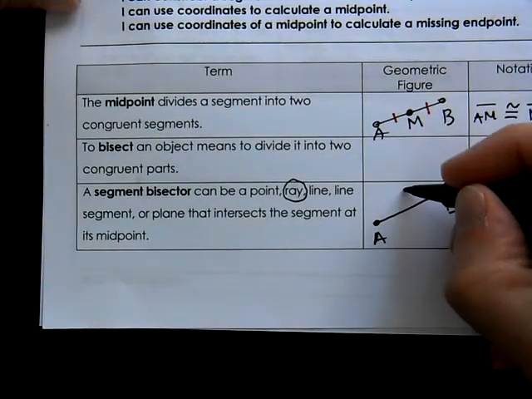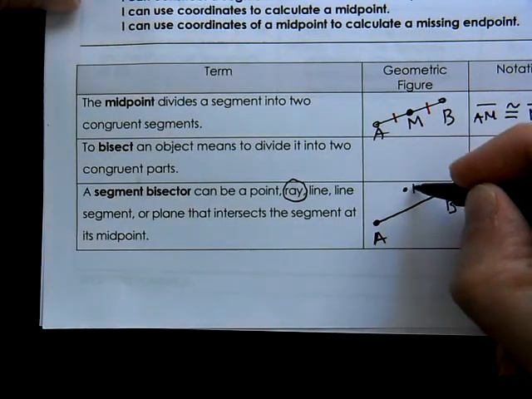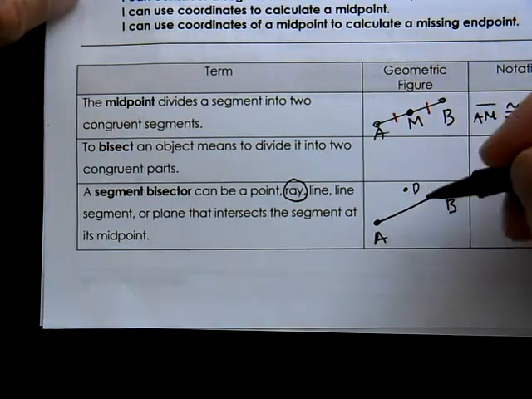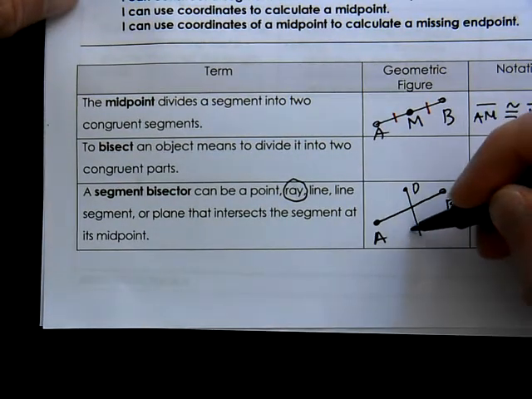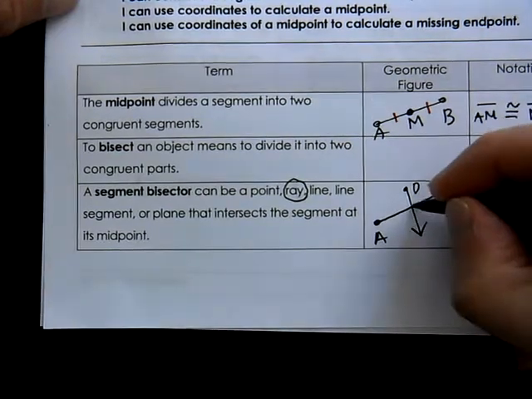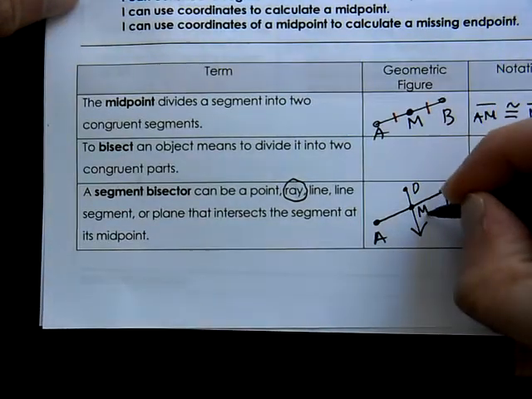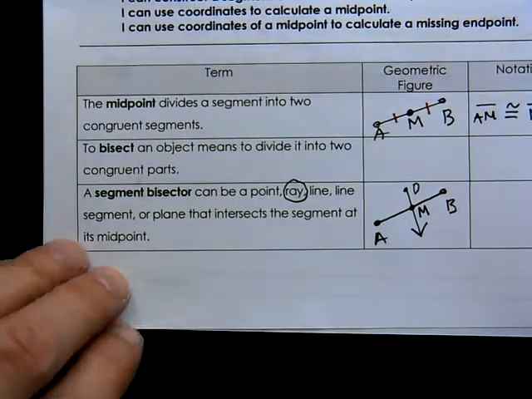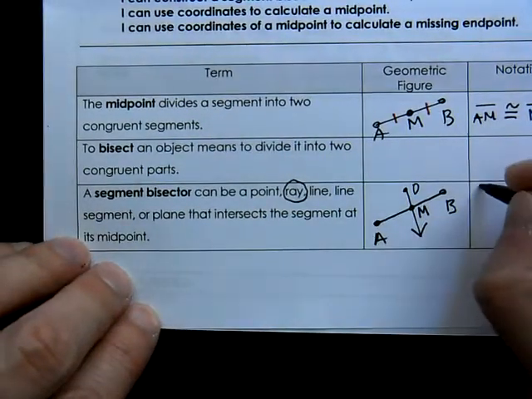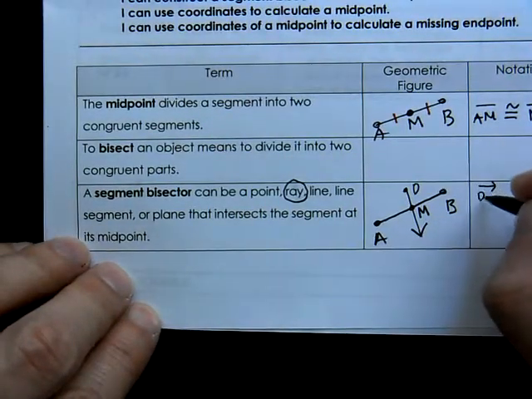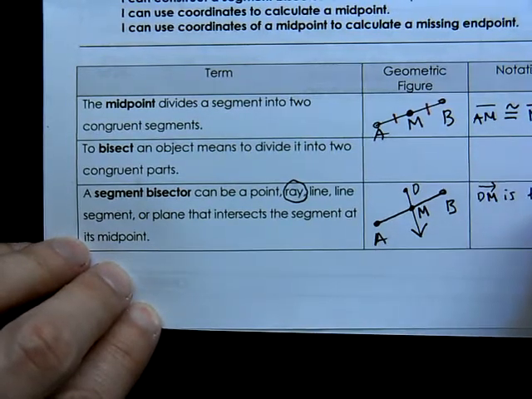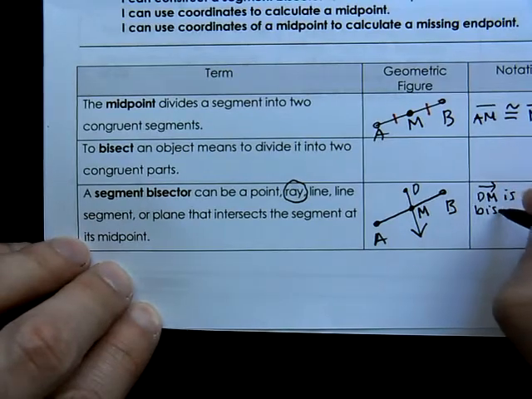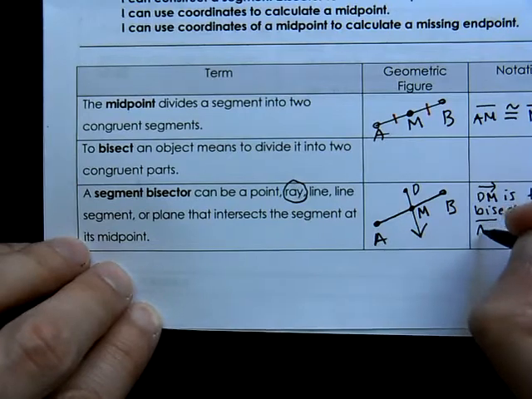So I'll put the endpoint of the ray out here, and then I'm going to draw the ray in such a way that it looks like it's going right through the midpoint. Something like that, perhaps. So we would say ray DM is the bisector of segment AB.